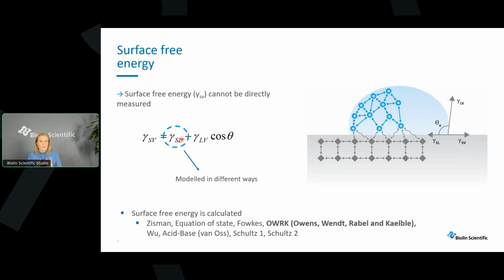The contact angle between solid and liquid we can also measure, but what we cannot really measure is the interfacial tension between solid and the liquid. So this is what we need to now model.